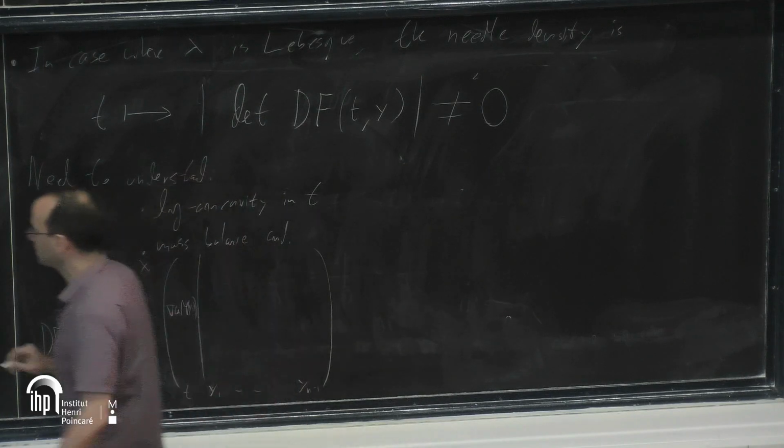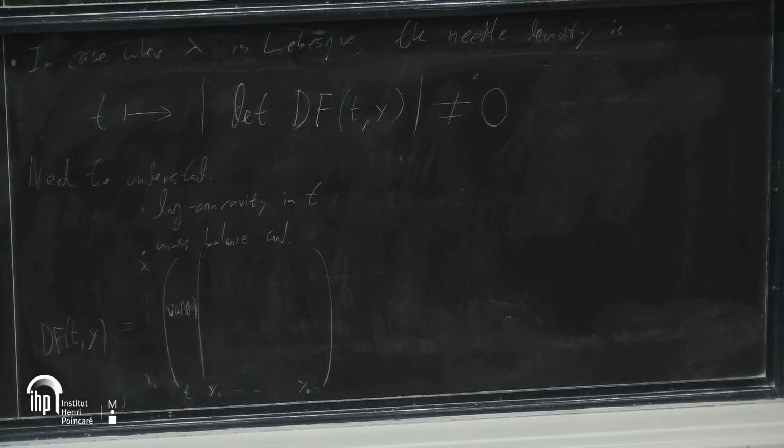And what's the differential with respect to y? The differential with respect to y, we only see it through phi of y. This function is the composition of x plus t grad u composed with phi of y.